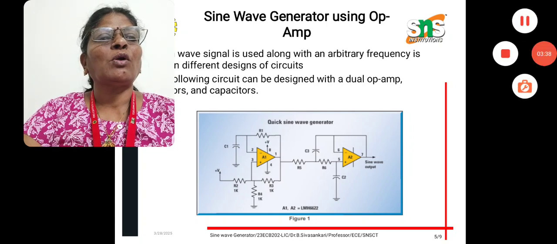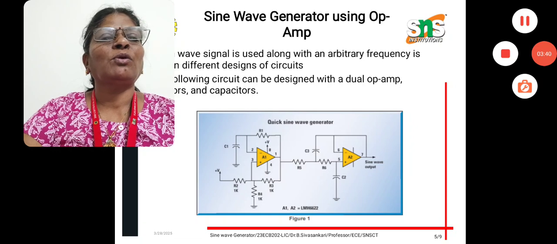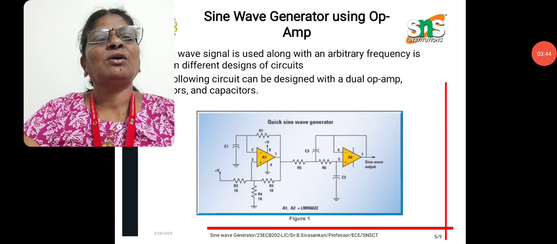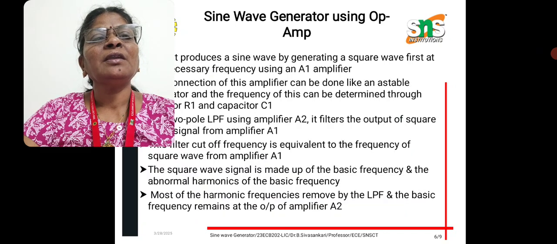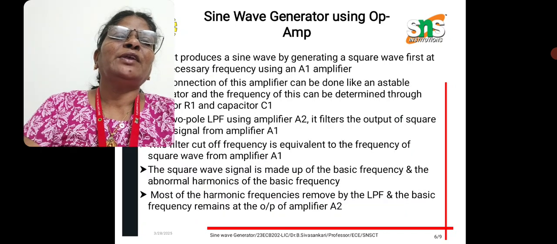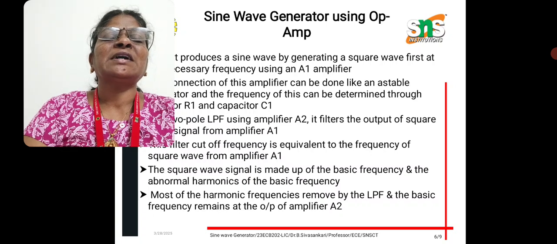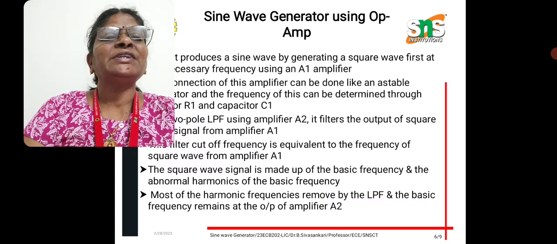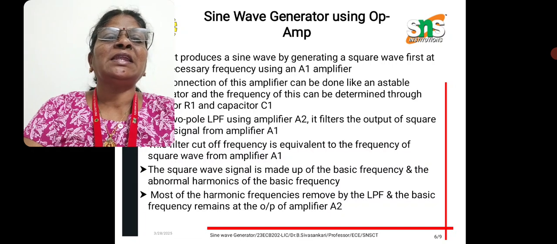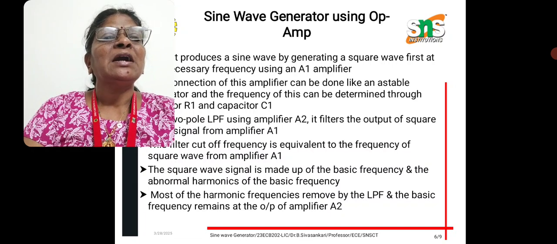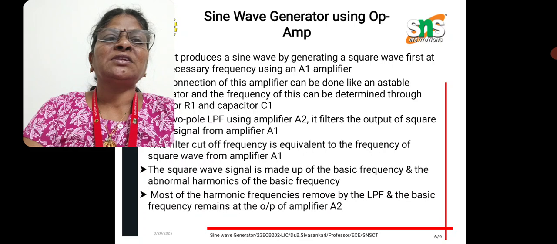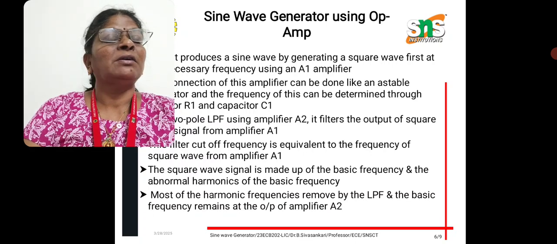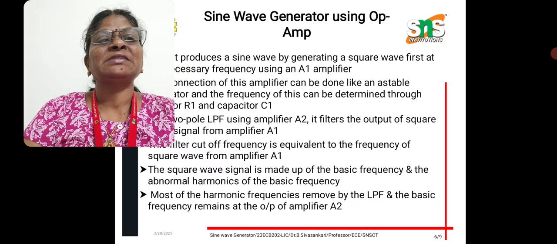You can see two op-amps here, op-amp 1 and op-amp 2, and a couple of resistors and capacitors connected here. This produces a sine wave by first generating a square wave at the necessary frequency using amplifier A1. The connection of this amplifier can be done like an adjustable multivibrator, and its frequency is determined through the resistor R1 and capacitor C1.